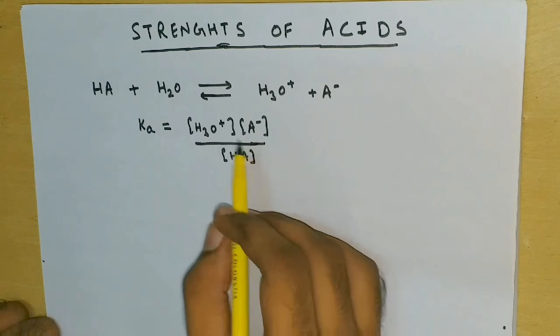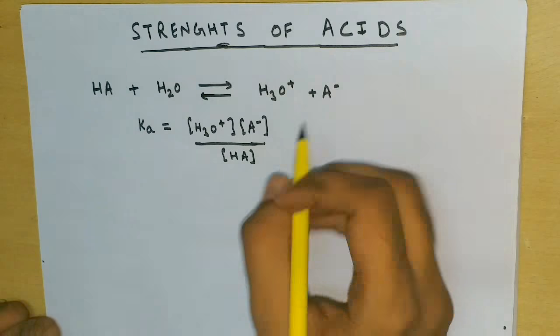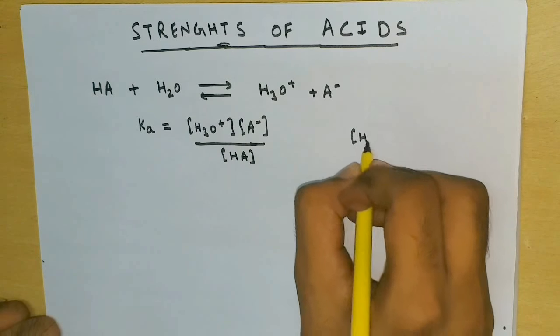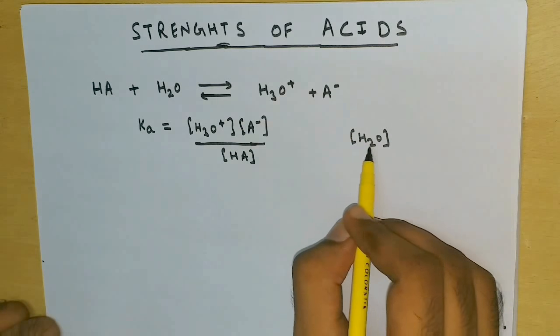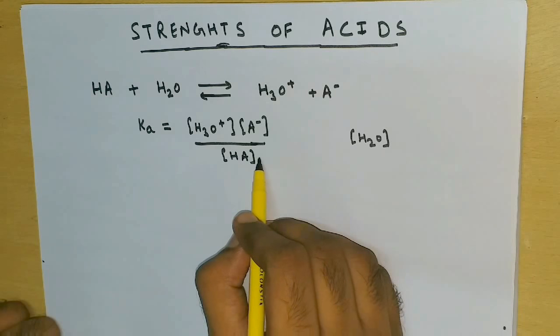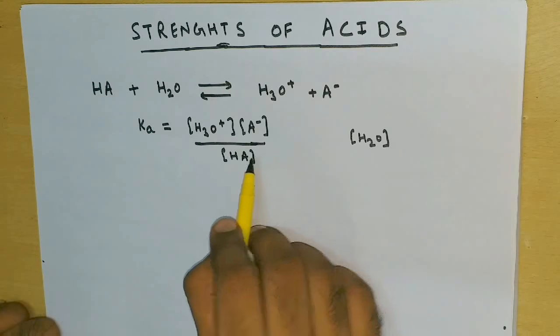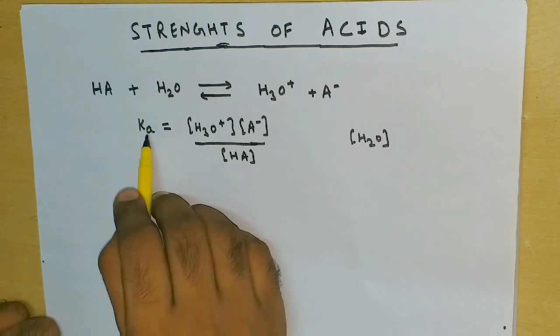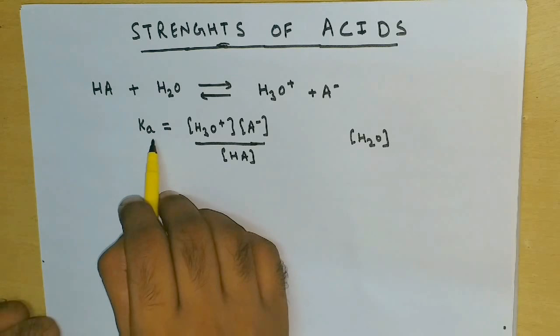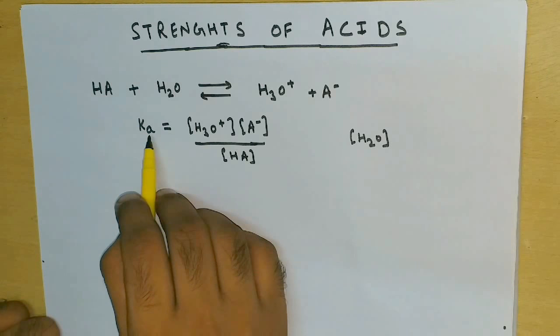I have not included the concentration of water, H2O, in the expression for Ka. It is because water is assumed to be present in such excess that its concentration does not significantly change and is treated as constant, and that constant is incorporated into Ka.